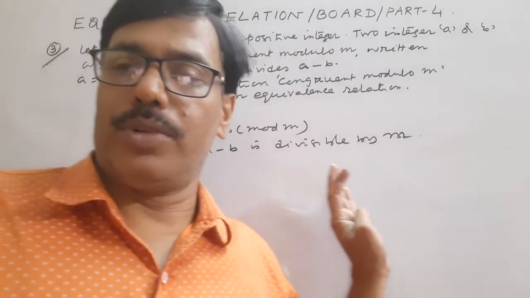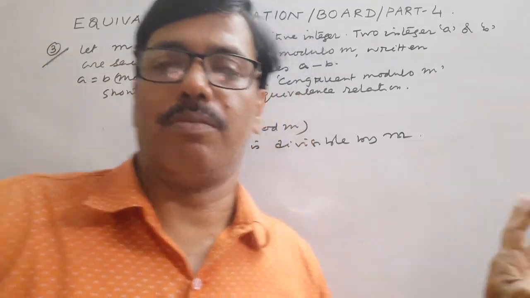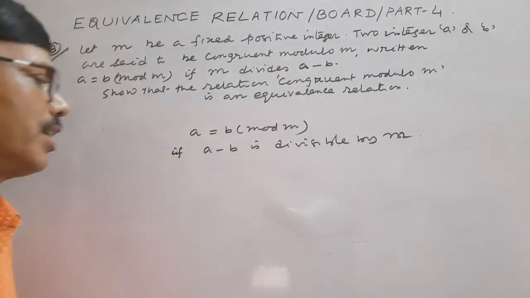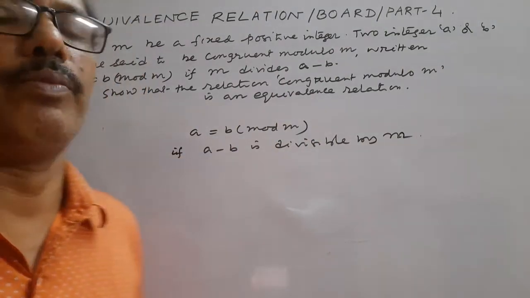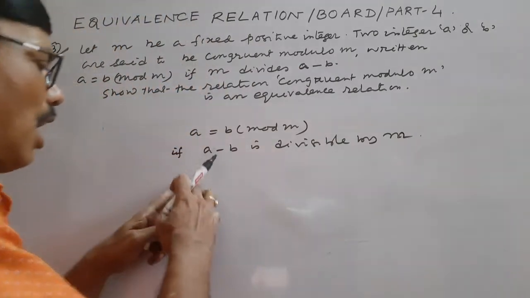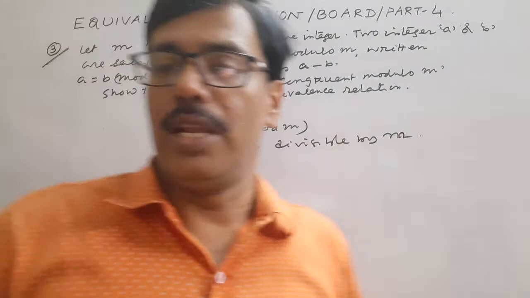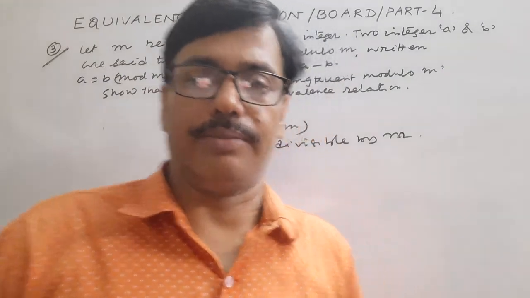This problem is already proved in part 3. The problem is given in this form: prove that the relation R equals (a, b) such that a minus b is divisible by m is an equivalence relation.